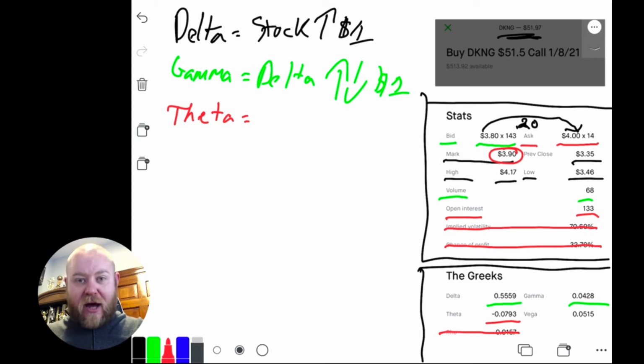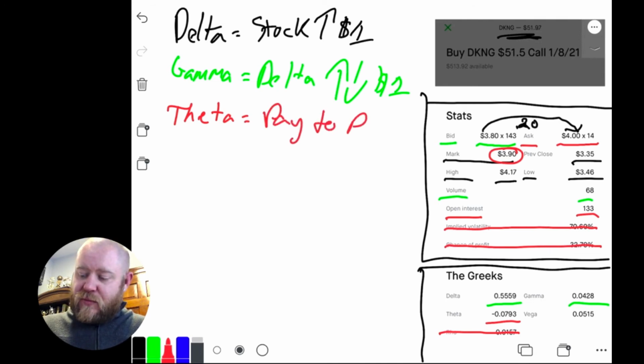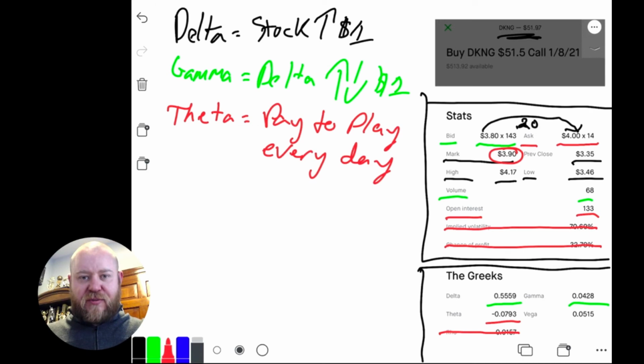It's going to go down by $7.93 no matter what. That is your pay to play, if you will. It's theta decay. So when I talked about theta decay in the previous videos, that's what I was talking about. Every day you can experience theta decay.